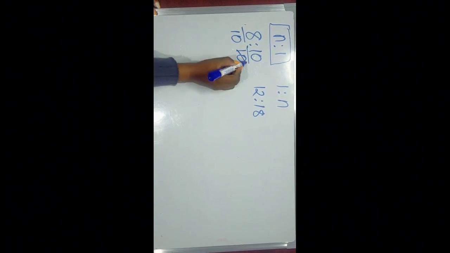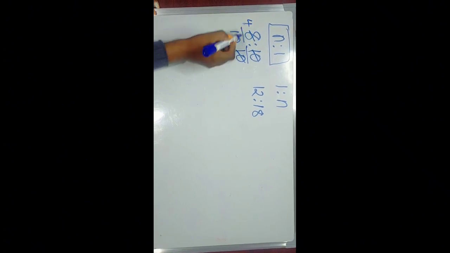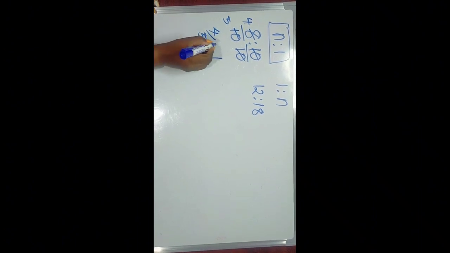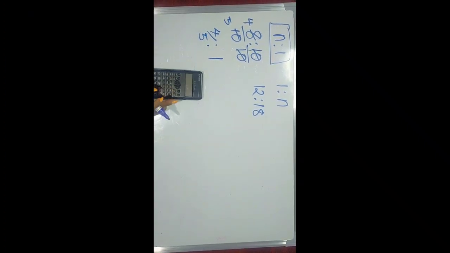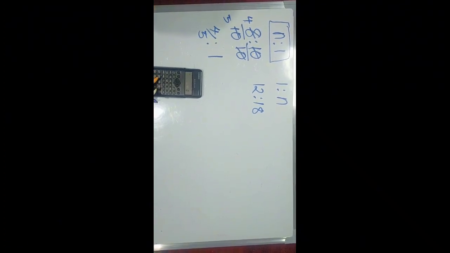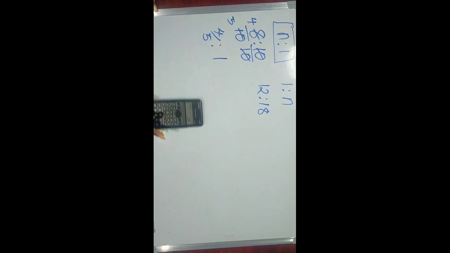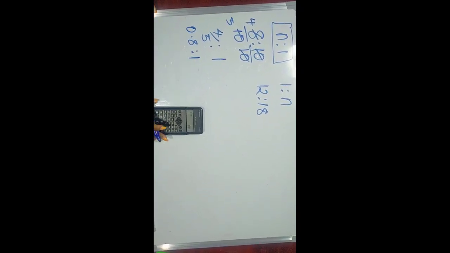So our ratio will now be equal to 4/5 is to 1. Now this one in decimals is 0.8. So the ratio is 0.8 is to 1.